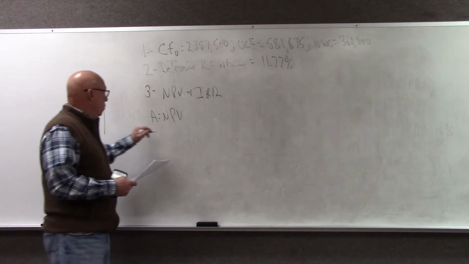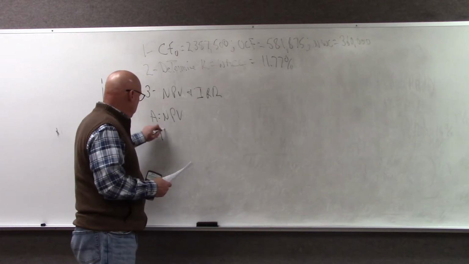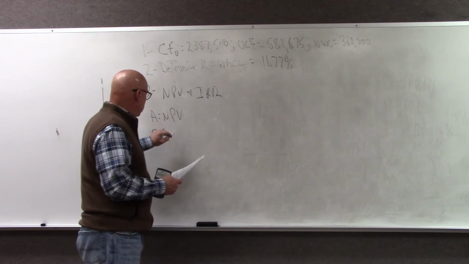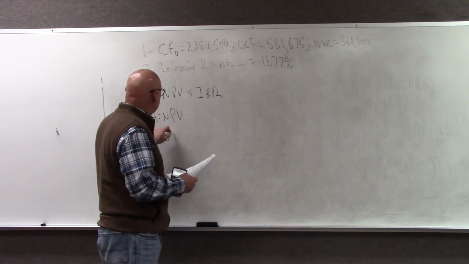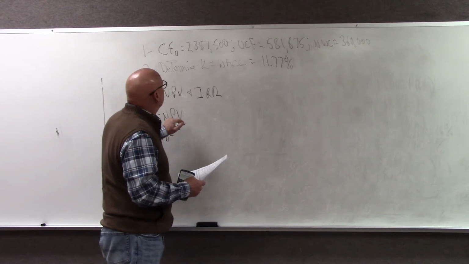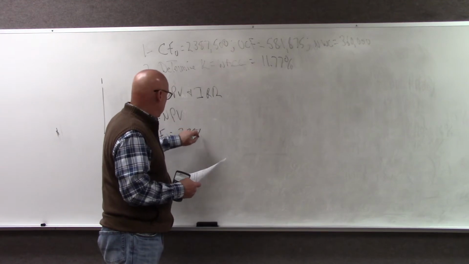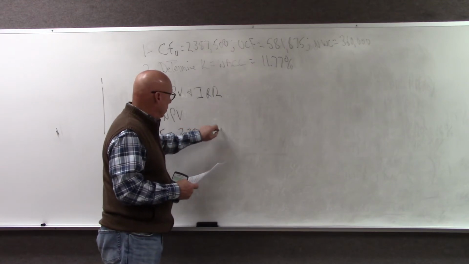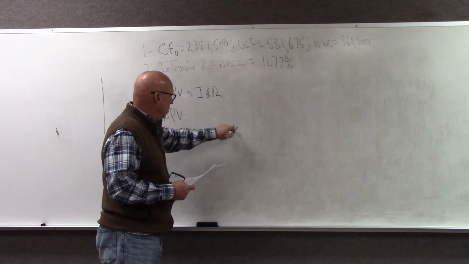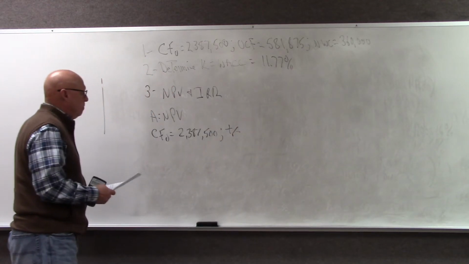All right, so CF0 equals 2,387,500 plus/minus. Okay?